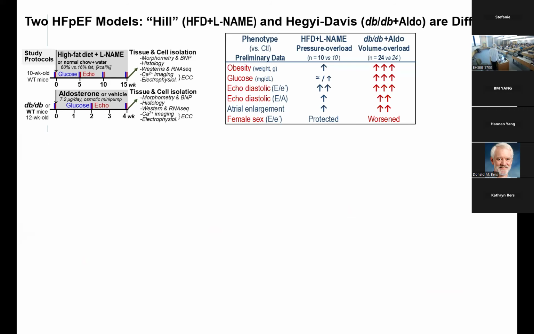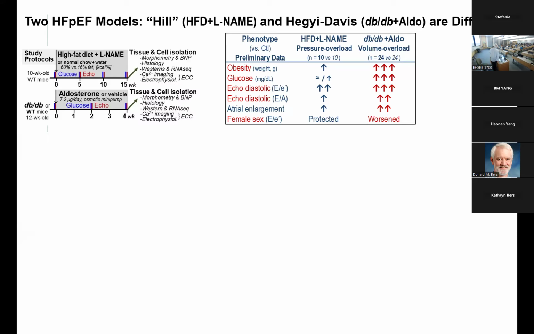So we compared some fundamental properties of these and compared to the Hill model, I call it kind of hypertensive versus a volume overload. The aldosterone creates a little volume overload on top of the hyperglycemia in the db/db mice. And this new model then has kind of more robust indicators of HFpEF phenotype.